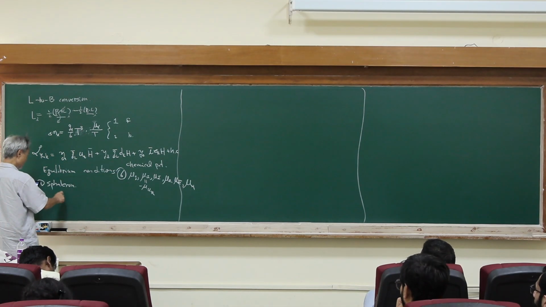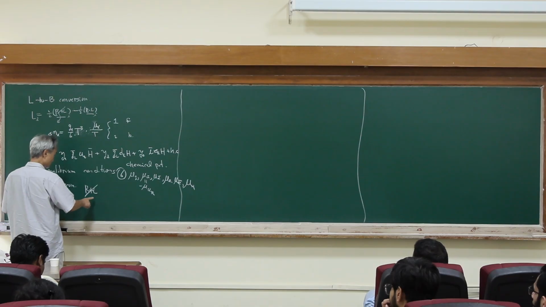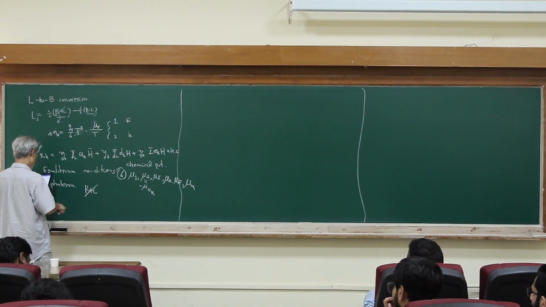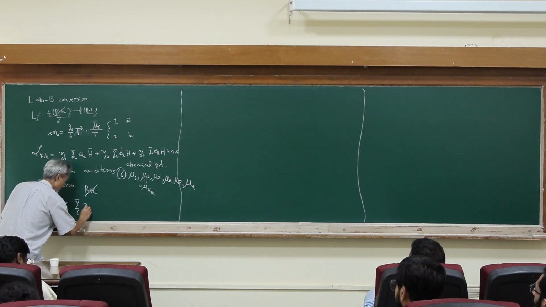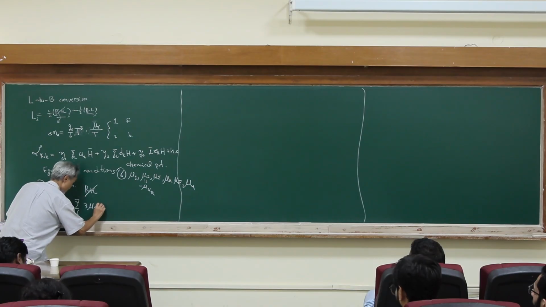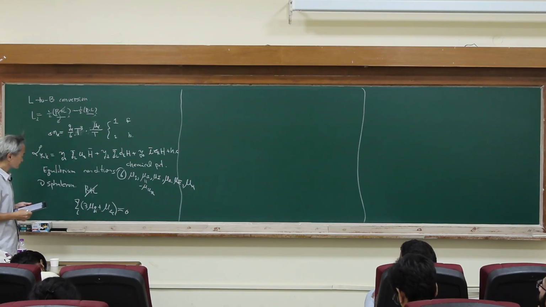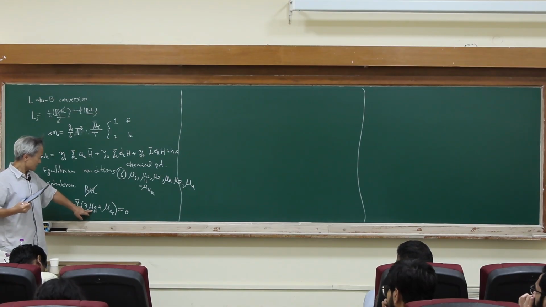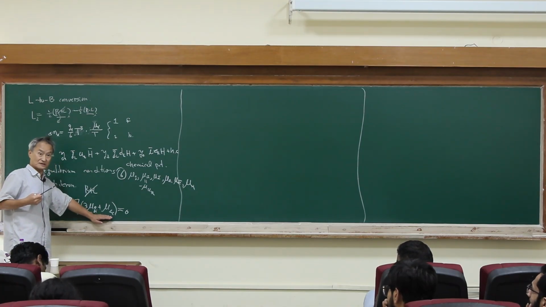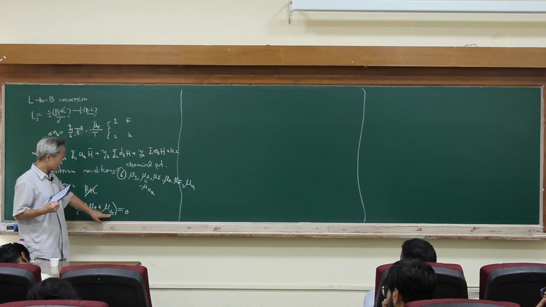And then the sphaleron X violates B plus L. It acts only on the left-handed fields, and it acts on the 3 flavors, so this is the B plus L quantity in the left-handed fields.